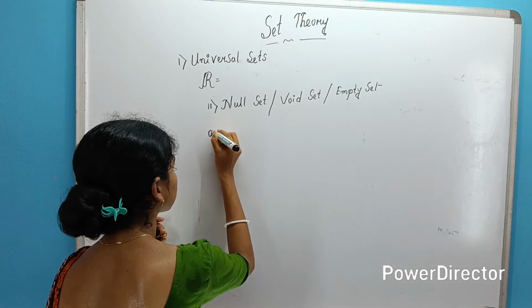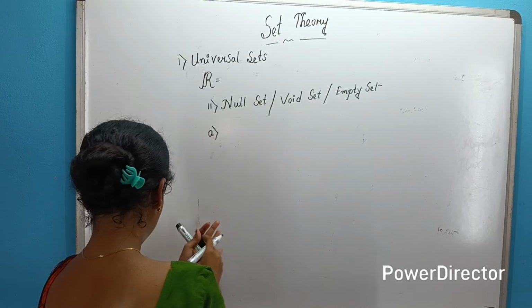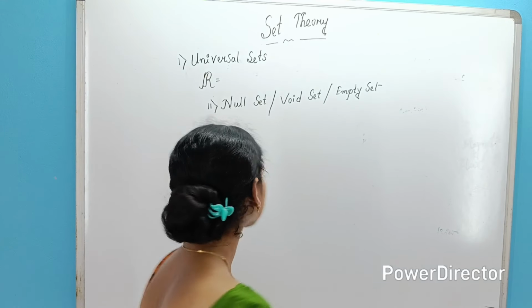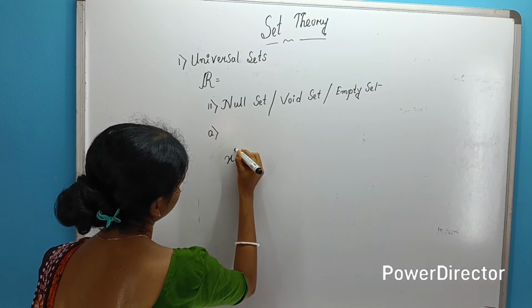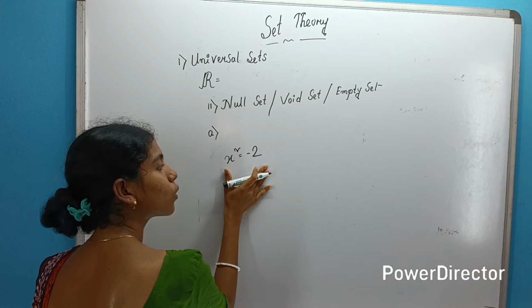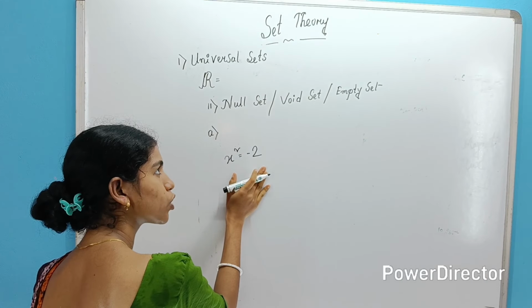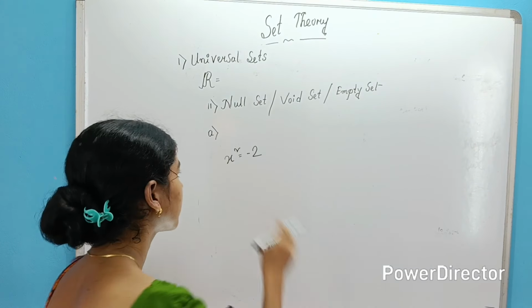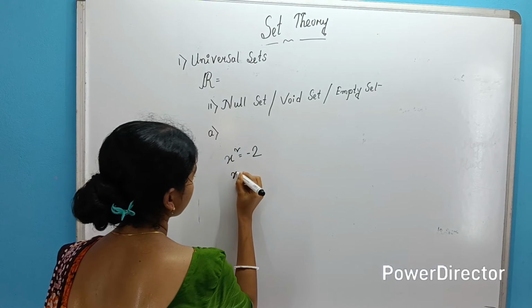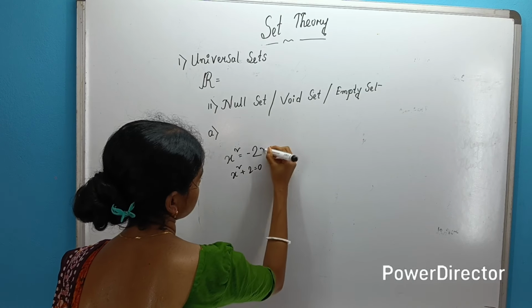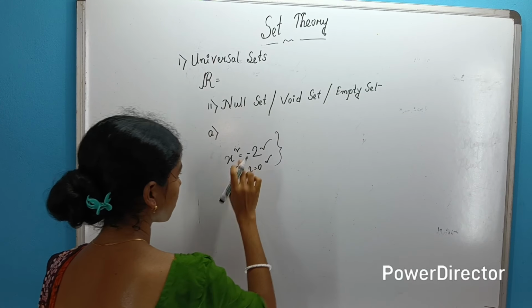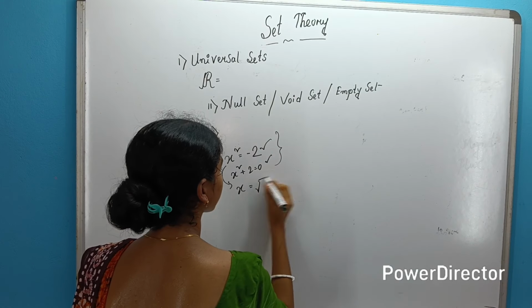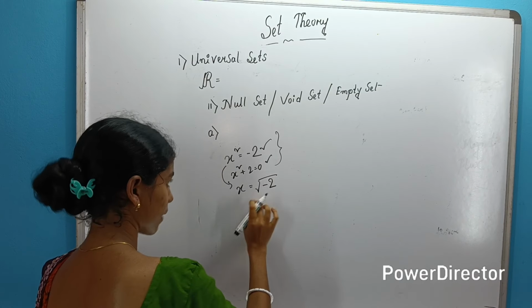As an example, consider x square equal to minus 2. We know that the solution in real numbers does not exist. x square equal to minus 2 means x square plus 2 equal to 0; this is the concept of complex numbers, because we would have to write x equal to plus or minus root of minus 2.